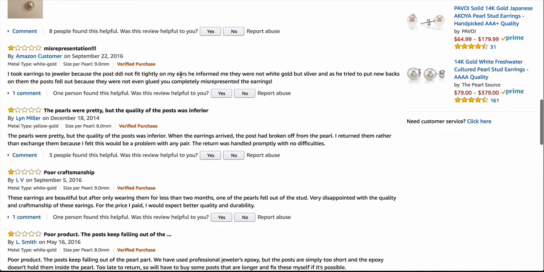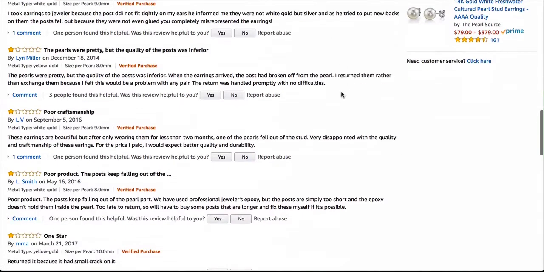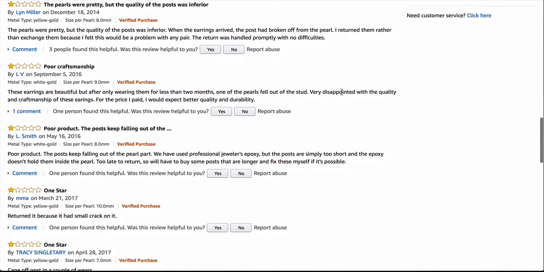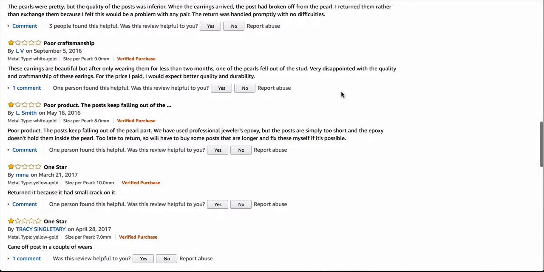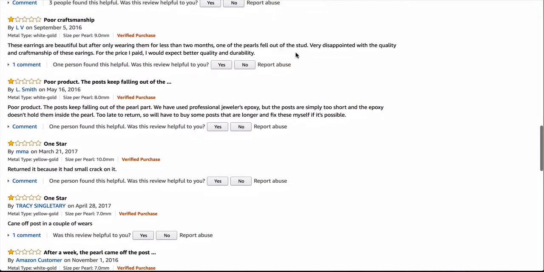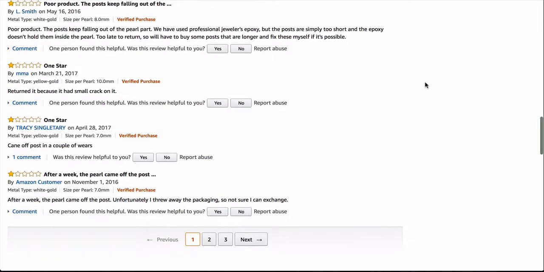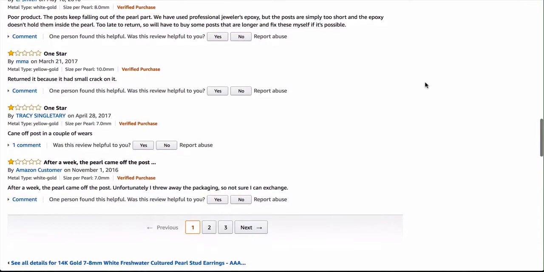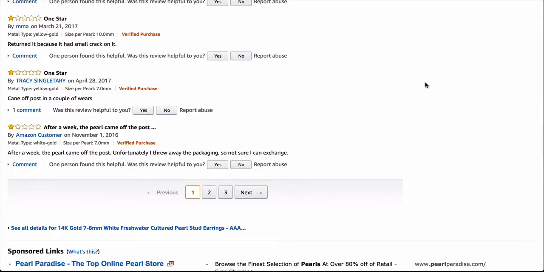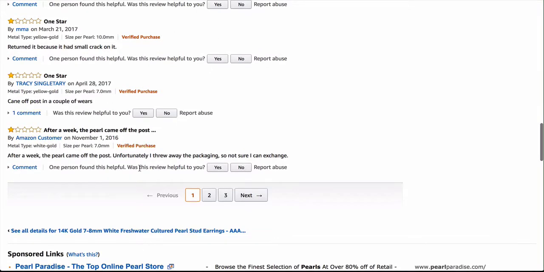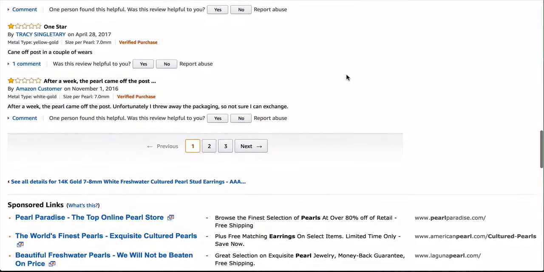Did not fit tightly on my ears. Poor craftsmanship. Again, a pearl fell out. Everything here I'm just seeing real quick, there's an issue with the quality.